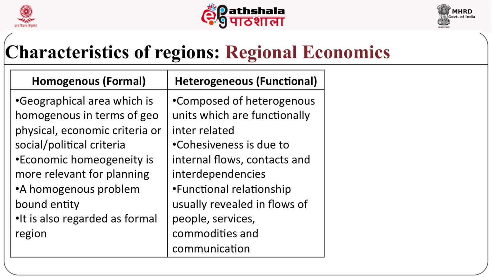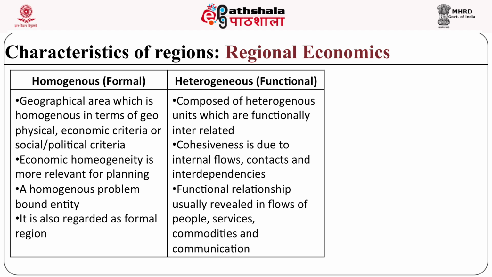Though they are dissimilar, they are all interdependent, and a continuous flow exists in terms of people commuting, services, and communication networks. So this is what a heterogeneous region is, but it works as a single unit.